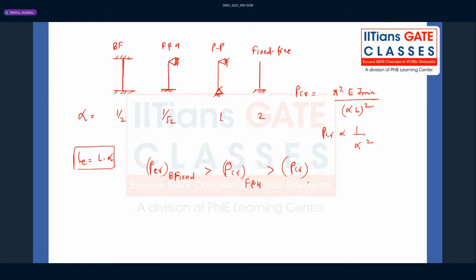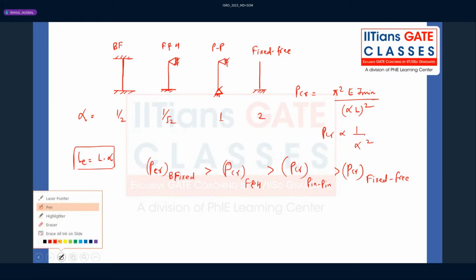Critical load required for pin connection, then critical load required for fixed and free conditions. That means the last condition will be very easy for us to buckle. When both the ends are fixed, it is very difficult to buckle. You may require a larger amount of load for that. That's why the critical load is basically 4 times the pin connection.